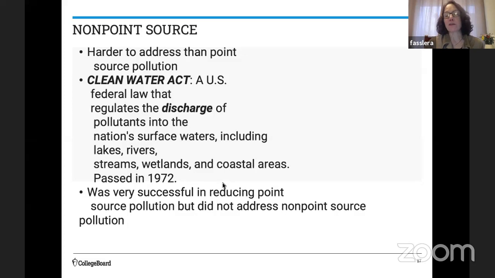The Clean Water Act, one of our cornerstone federal pieces of environmental legislation in the US, passed in the early 1970s, did an amazing job at controlling point source of pollution, because they could go up to that factory and say, oh, you have a tailpipe going into the Ohio River. We're going to fine you, and you need to come up with a solution to treat that waste and not just discharge it directly into the river. Where we feel the Clean Water Act needs to go next is really addressing non-point sources of runoff.